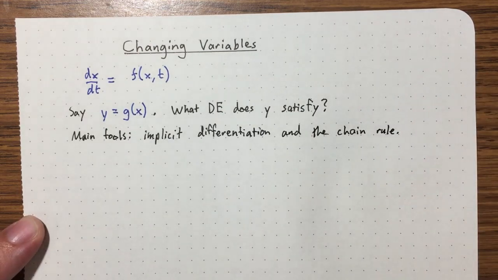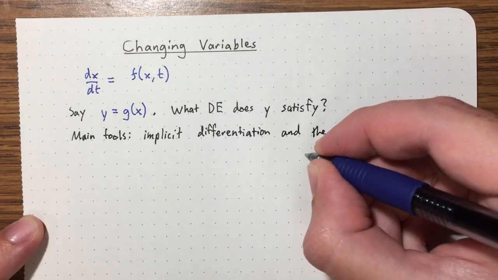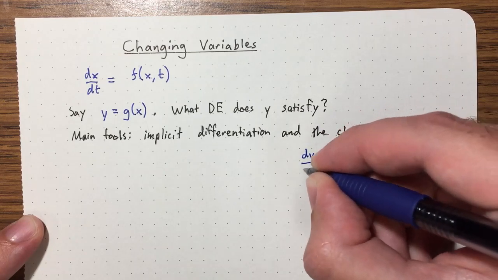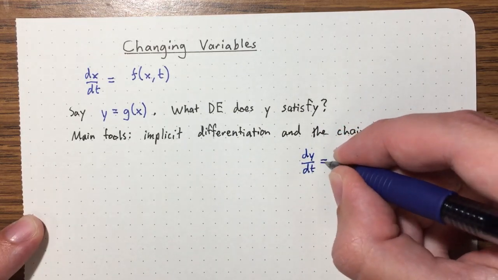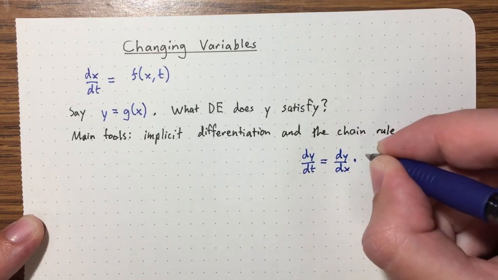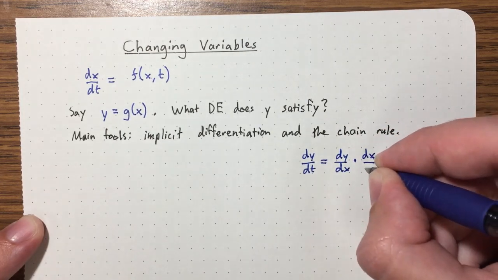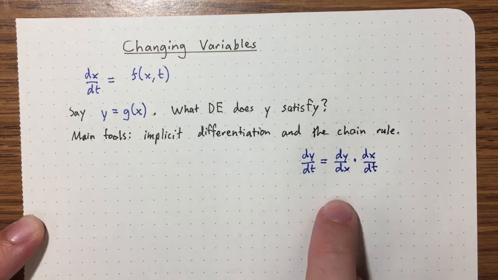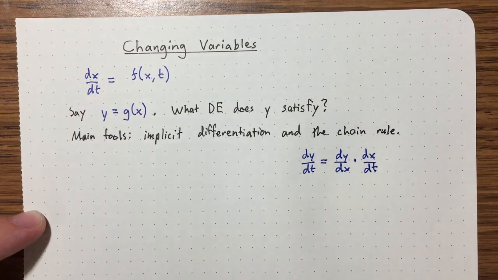Recall what the chain rule says: if we're looking for dy/dt, that's going to be dy/dx times dx/dt. And you can probably see how this is going to be useful in our situation here.